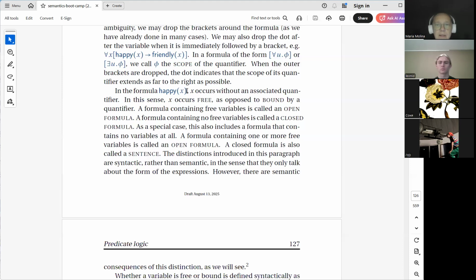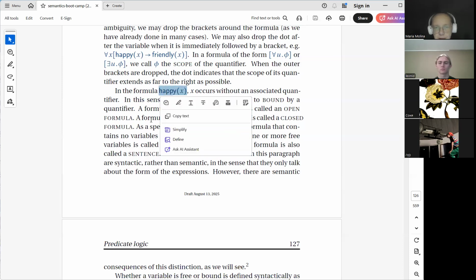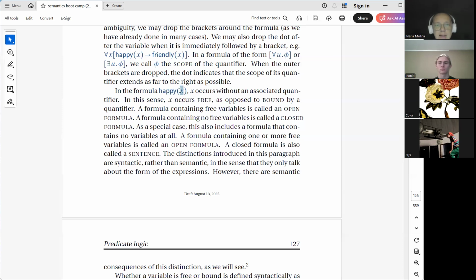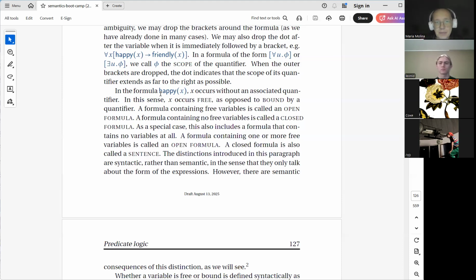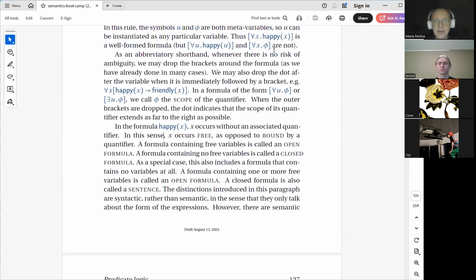When we do not have a quantifier here, x is not bound by the quantifier. So x is free. X is not bound. If we have this quantifier here, x is bound by the universal quantifier.